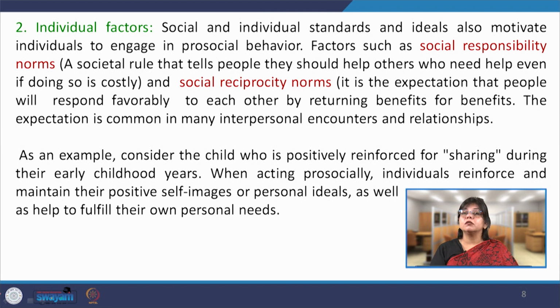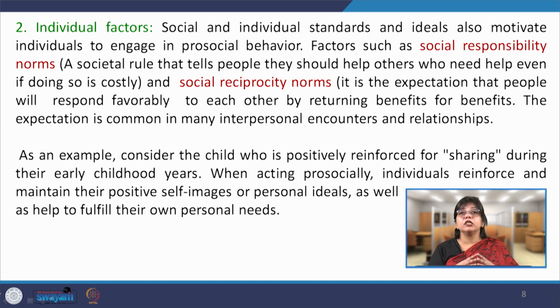Social psychologists have talked about two factors. The first is the social responsibility norm, which is a societal rule which says that every person should help the other person in need no matter what. With the gradual process of interaction with society, we tend to internalize those societal rules and engage in prosocial behaviors. And the other is the social reciprocity norm.